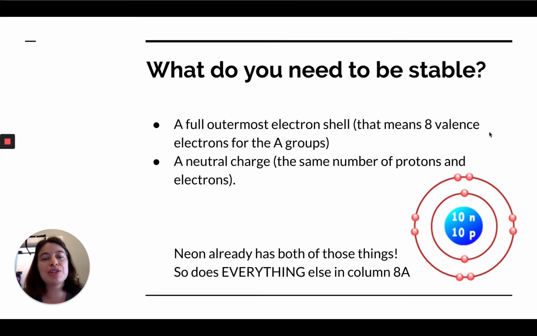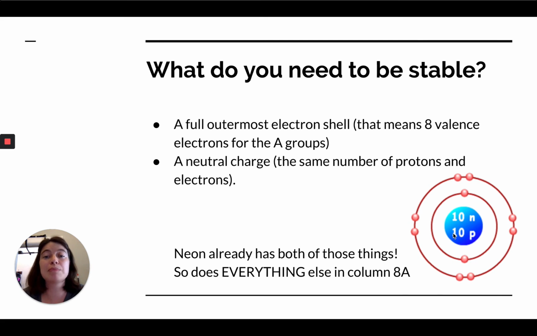It also means you need a neutral charge, which means the same number of protons as electrons. So the same number of positive charges as you have negative charges, so those charges add up to 0. So here I've got -1, -2, -3, -4, -5, -6, -7, -8, -9, -10, plus +10.